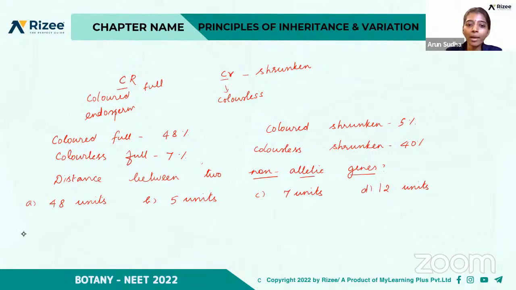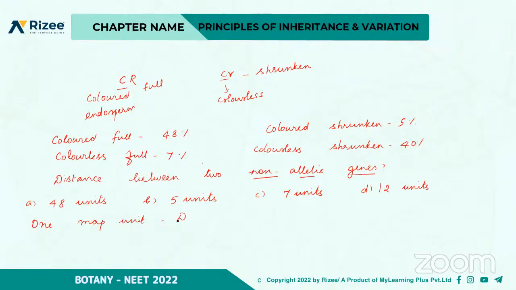So here one map unit is, what is one map unit? What is 1 Morgan or 1 centimorgan?